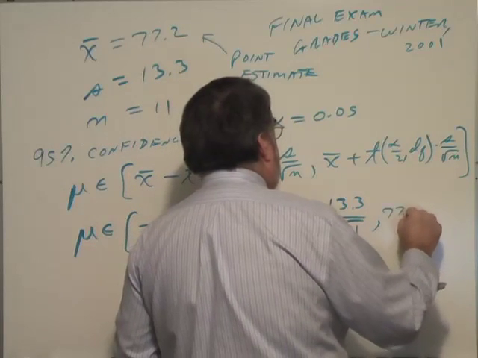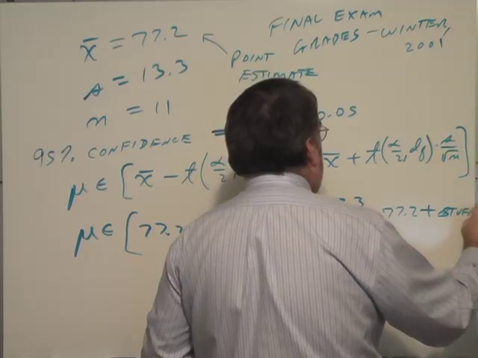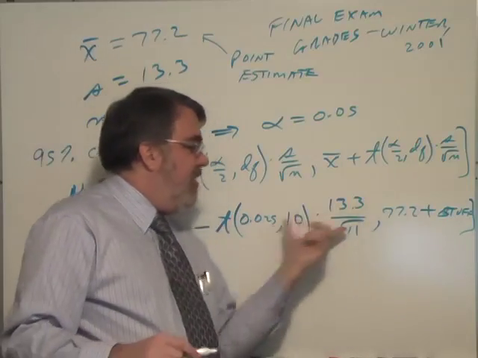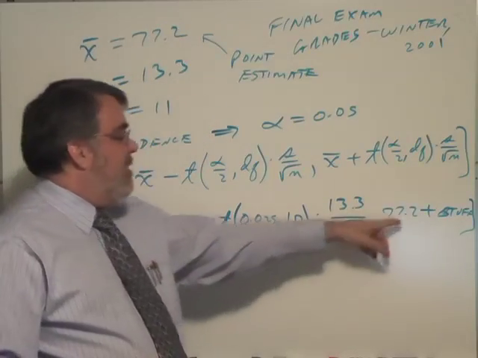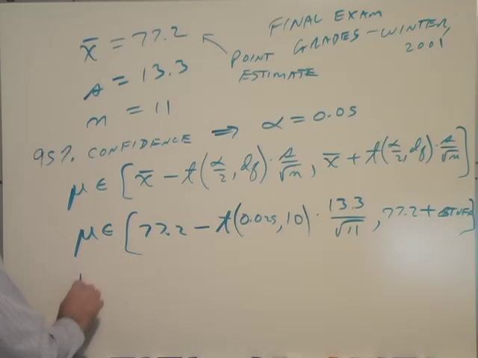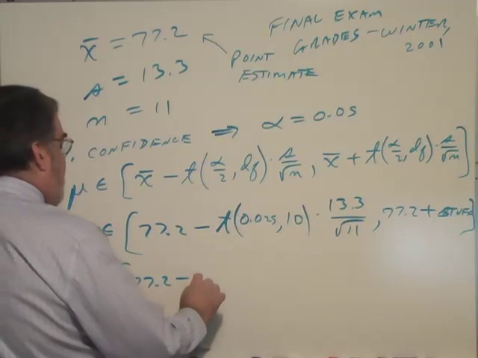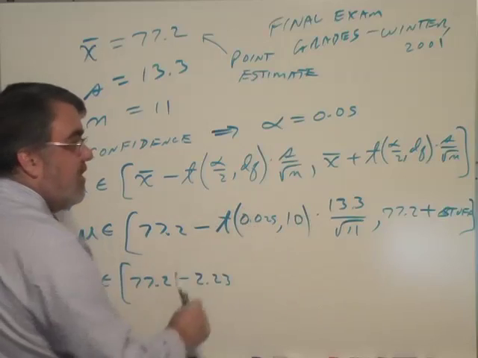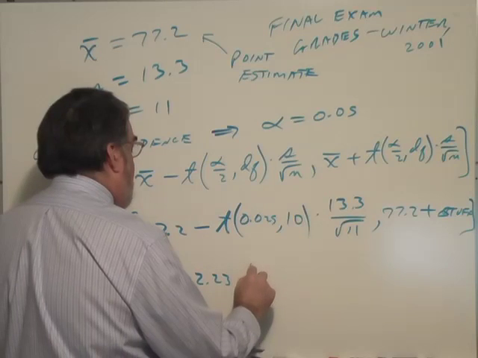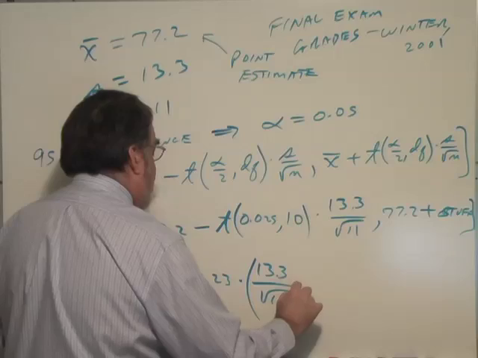And then we have 77.2 plus the same stuff. Alright, I don't have a lot of patience for recopying this calculation, so I tend to just put plus same stuff. Alright, so a little more specifically, this is 77.2 minus 2.23 was the number we looked up. 2.23 times, I'll do it in parentheses, 13.3 divided by square root of 11.